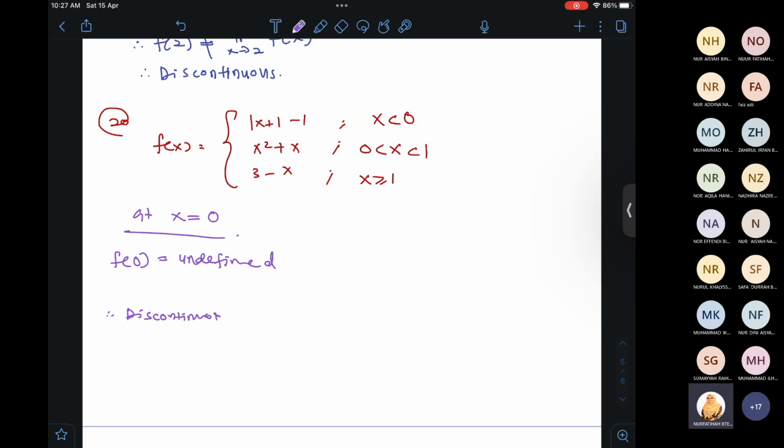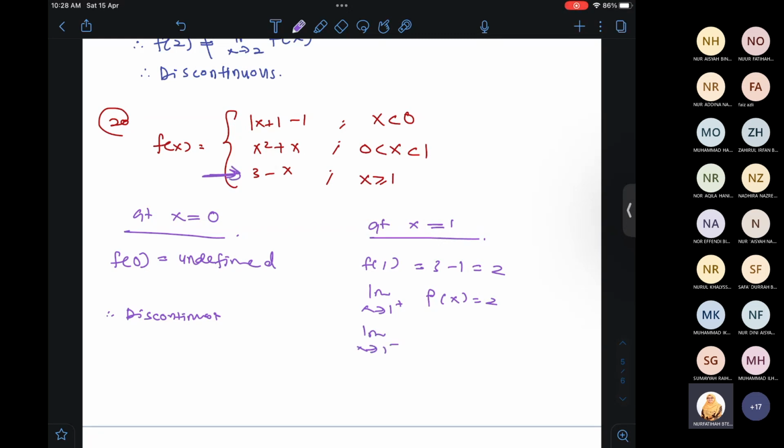So how about at x equal to 1? Is it continuous or not? Continuous. For f(1) we use the third function, that means 3 minus 1 is equal to 2. For the limit as x approaches 1 from the right, we also get 2, since it's the same function as f(1).